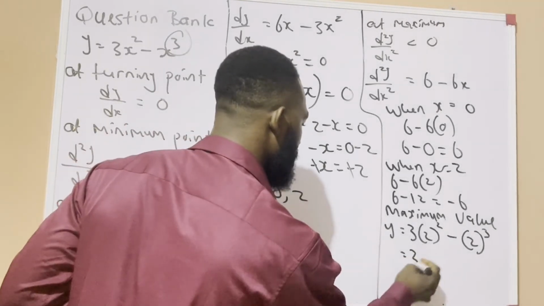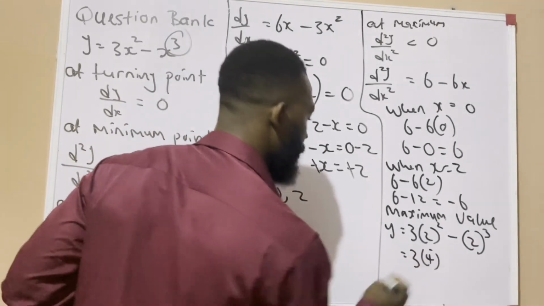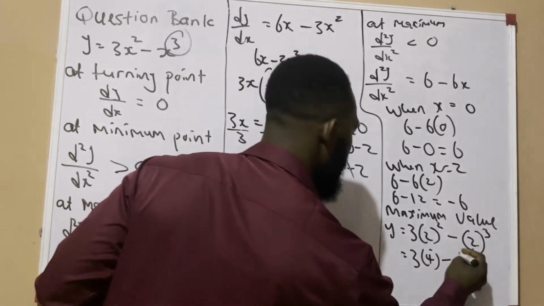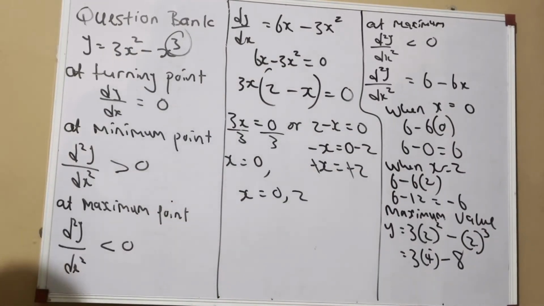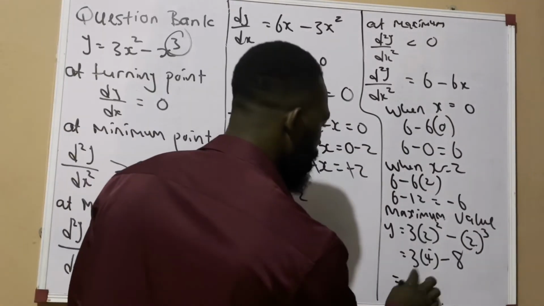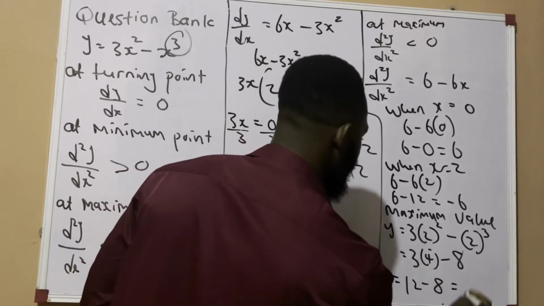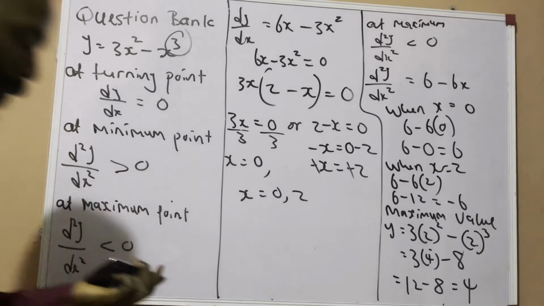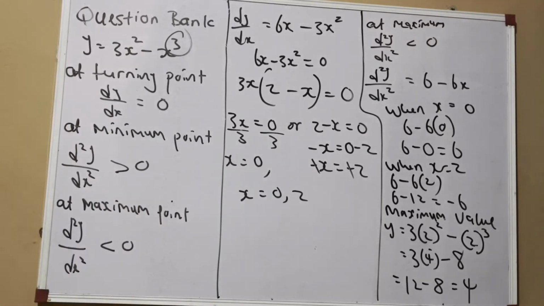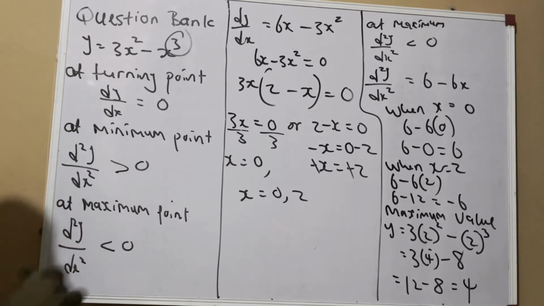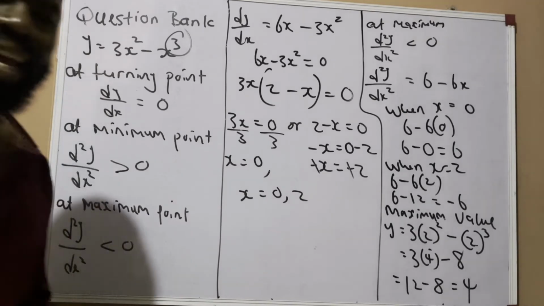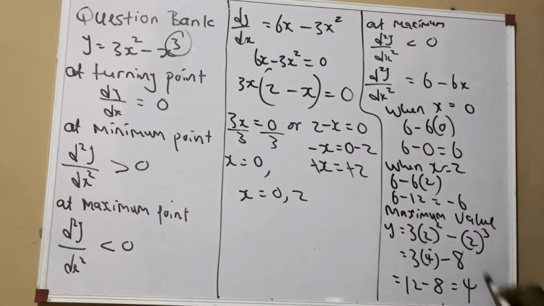So we have 3 bracket 4 minus 2 raised to power 3 is 8, 2 times 2 times 2. So automatically here becomes 3 times 4 gives us 12 minus 8. And class, 12 minus 8 will give us what? 4. So the maximum value of 3x squared minus x raised to the power 3 is 4.